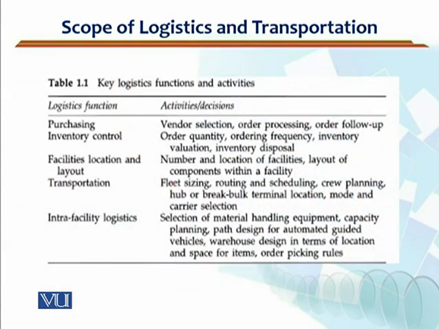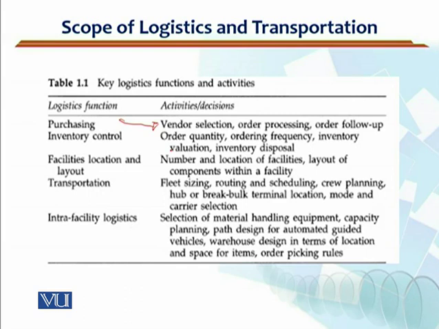In this table, the key logistic functions and activities are provided. For example, the logistic function of purchasing. That purchasing function covers the vendor selection, order processing, and order follow-up. Then inventory control, which you have covered in your different courses of logistics.